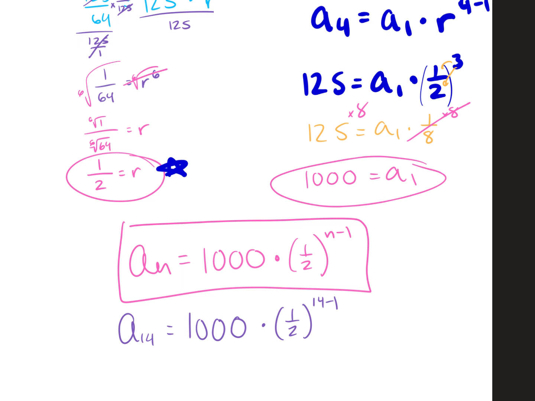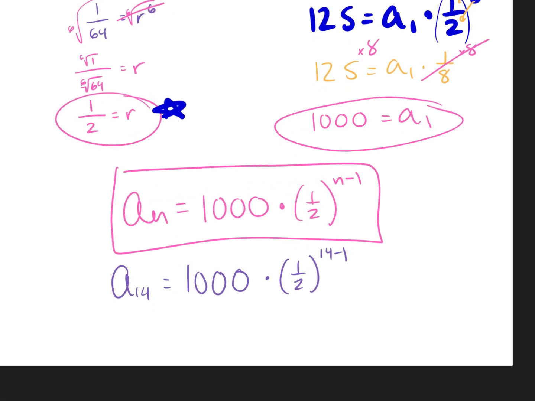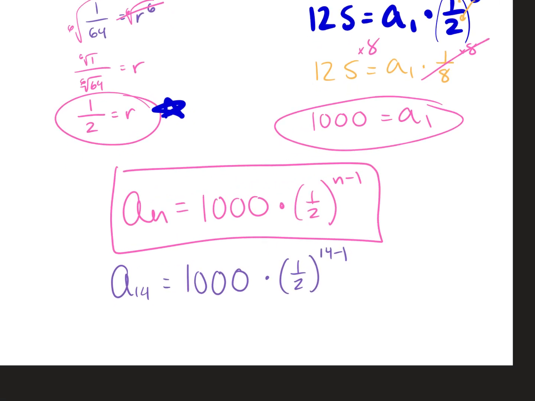So we get 1,000 times 1 over 8,192. So 1,000 over 8,192, and we can simplify this. Let's see.